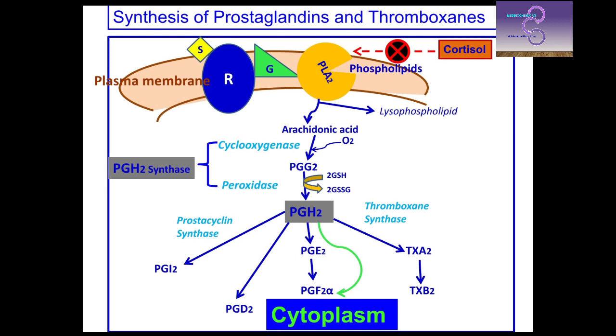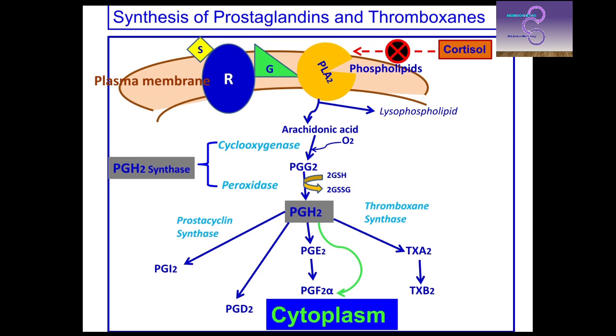Phospholipase A2 is specific for the 2 position of the phospholipid glycerol backbone. It will hydrolyze the fatty acyl chain associated with the 2 position and release a fatty acid and a lysophospholipid.